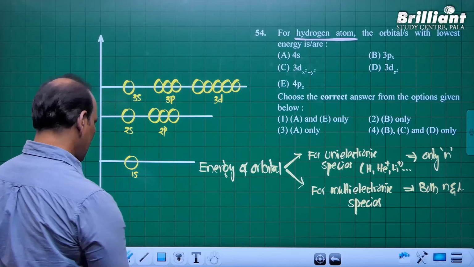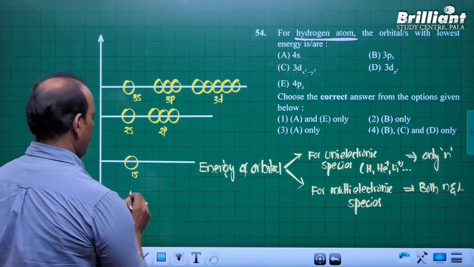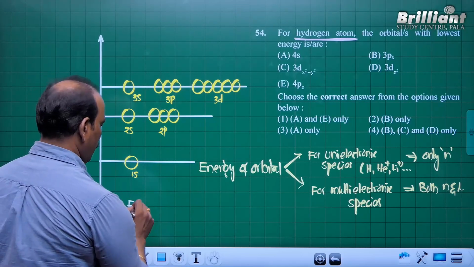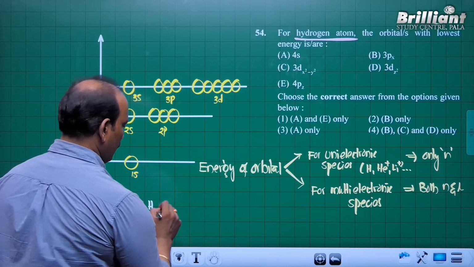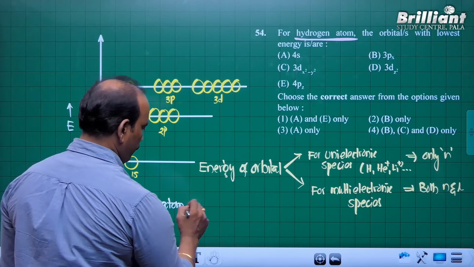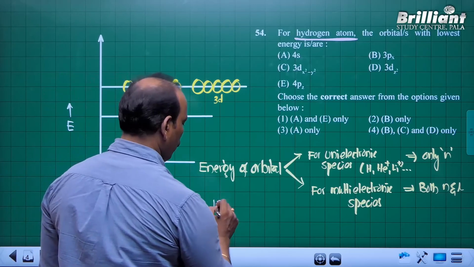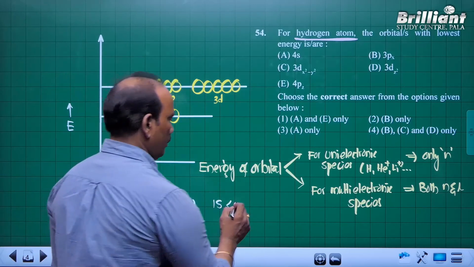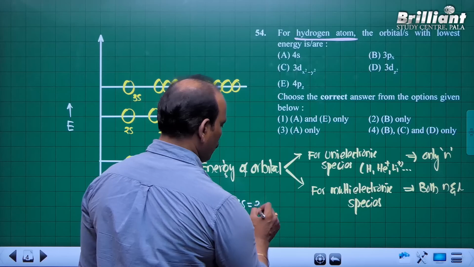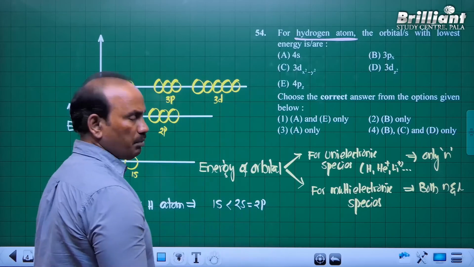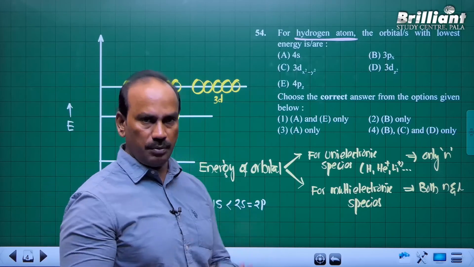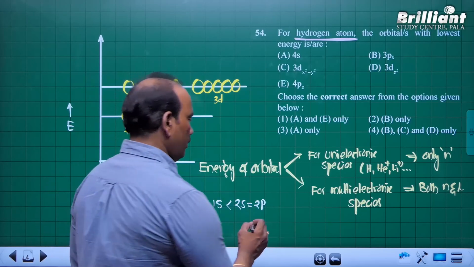Therefore, for a uni-electronic system, for hydrogen atom, the energy order is 1s less than 2s equal to 2p. That means px, py, pz, any one. Okay? Either px, py or pz.